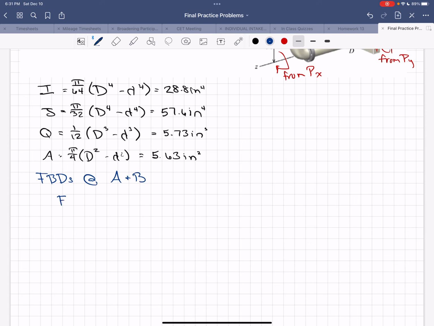The first one is forces. Draw our circle. We have A here, we have B here.